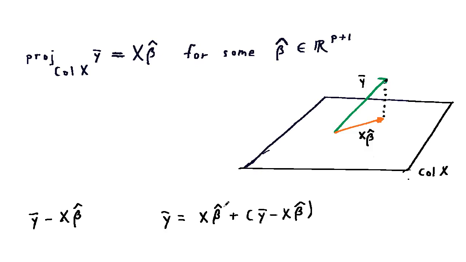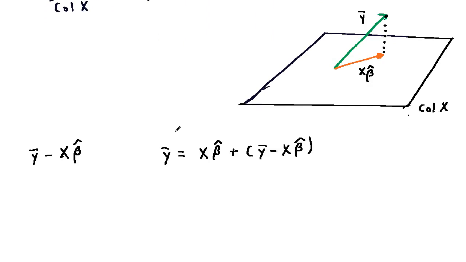Here notice X beta hat just cancels out and we get y, so that's why this is true. Now this right here, X beta hat, lies in the column space of X.